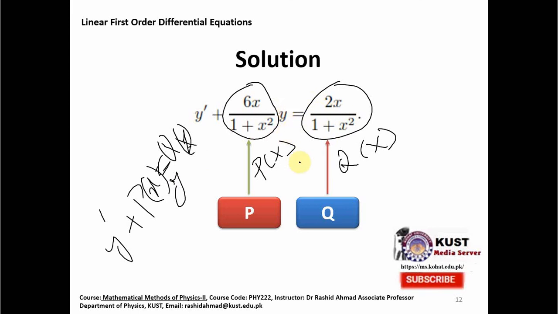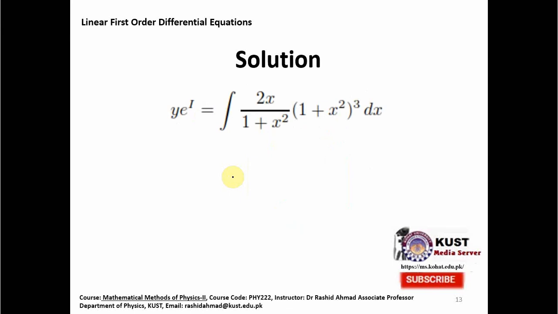Since we know how to do it, we have to find out the integrating factor, which we have already done, and now we know the general form of solution, which is y into e raised to power I. Now you know what y is, and what e raised to power I is, we have already found e raised to power I. So we can now simplify this term, which cancels out one power.